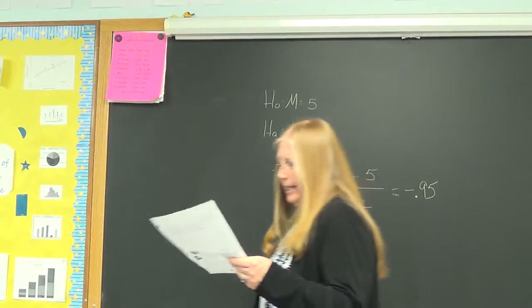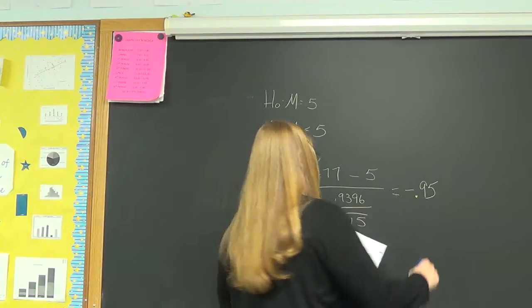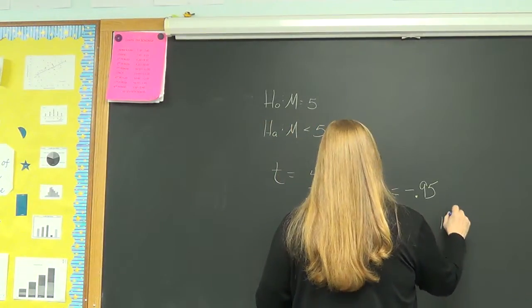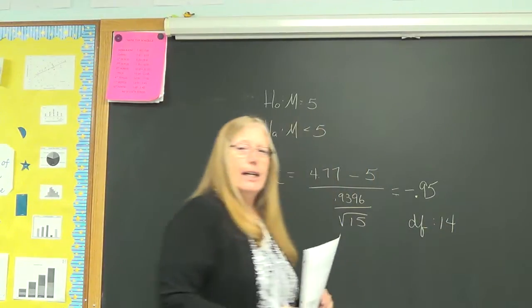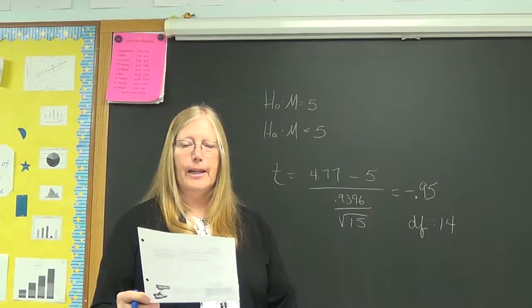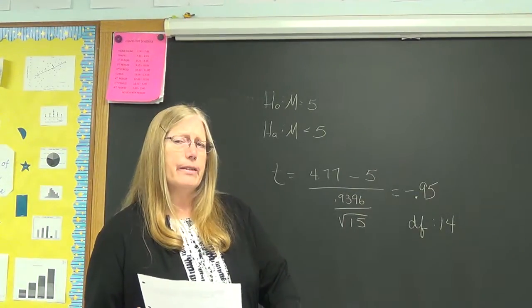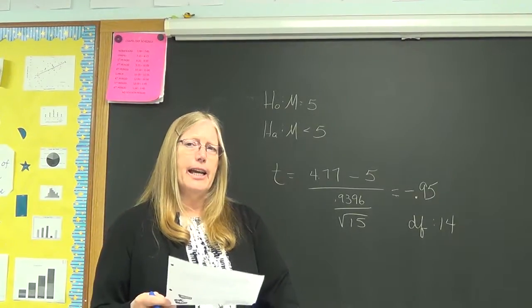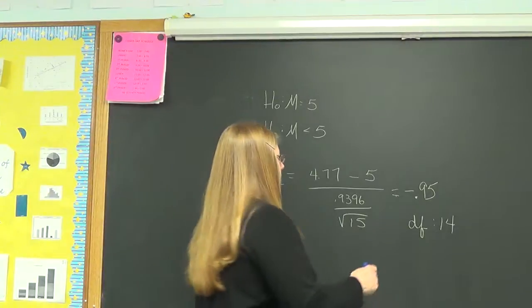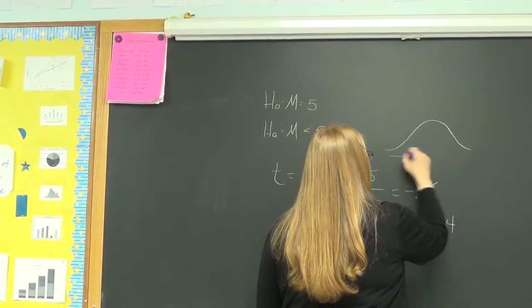I know it's negative. So go to chart B or your calculator. You get the choice. The df is 14. So we're going to look up the p-value. You can use chart B or you can put it in your calculator. It was under 2nd VARS and tcdf, and you plug in the lowest value first. We're going this way on this one.